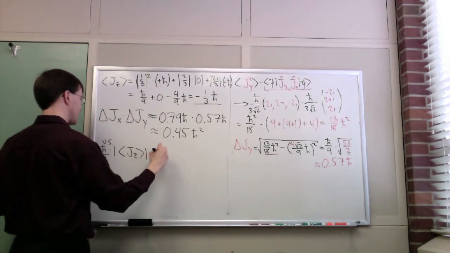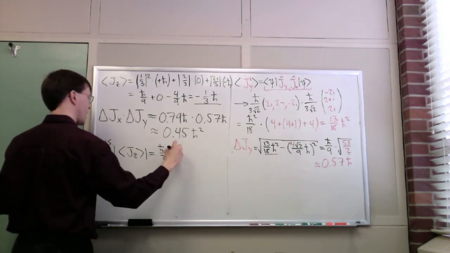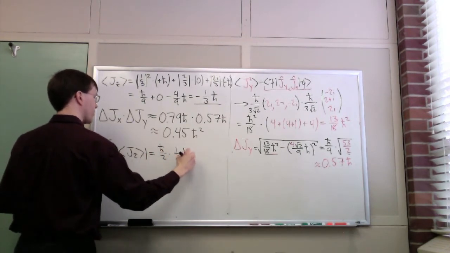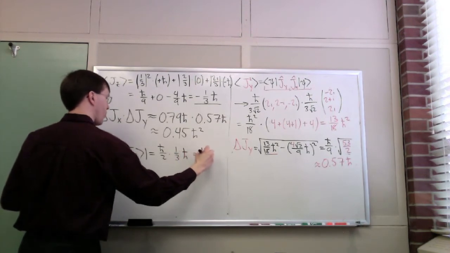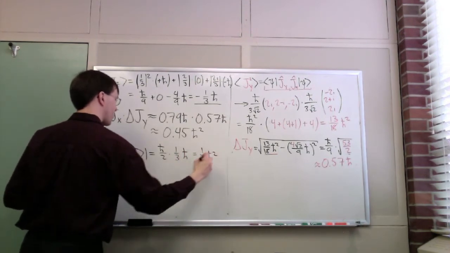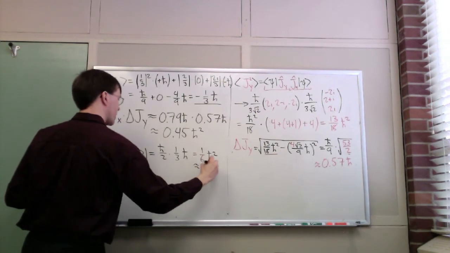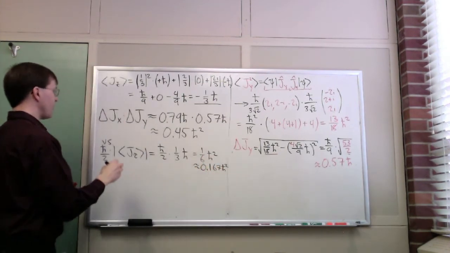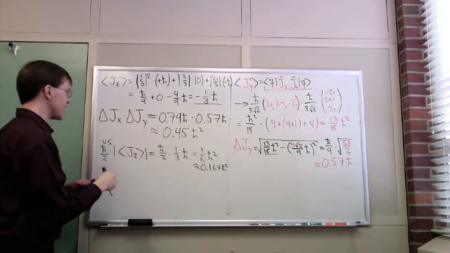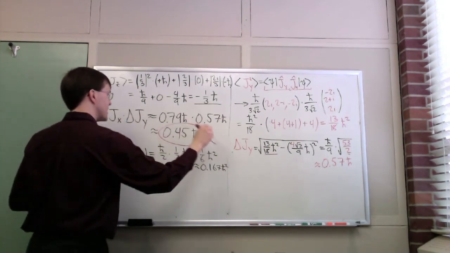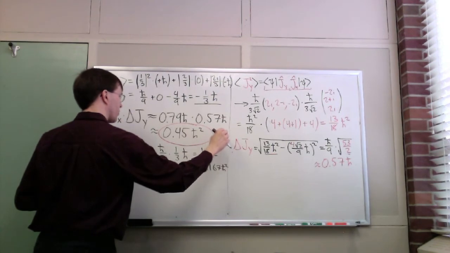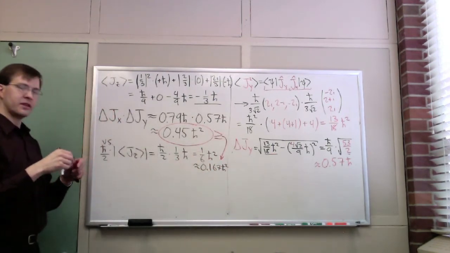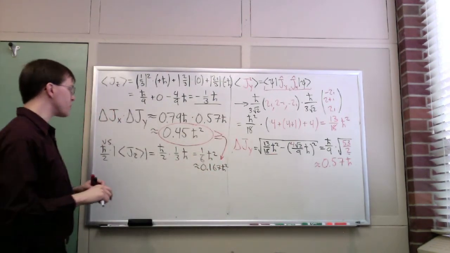This comes out to be just h bar over 2 times the absolute value of 1/3 h bar, which is 1/6 h bar squared, or 0.167 h bar squared. If I compare these two things, you can see that this is indeed greater than or equal to the other side. So our relationship does hold.